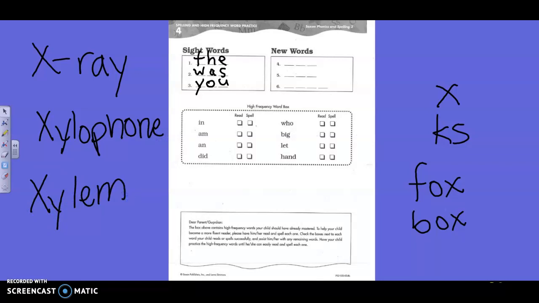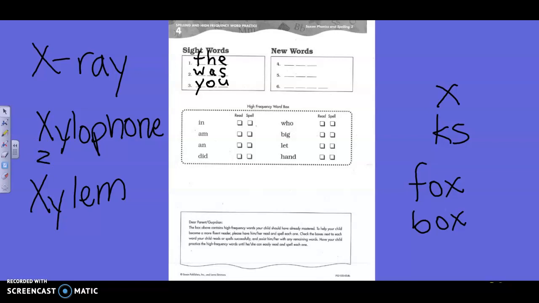When X is found at the beginning, or the initial position, so when I say initial, I mean beginning, it sounds like a Z. Like xylophone sounds like a Z. So maybe this is xylem.